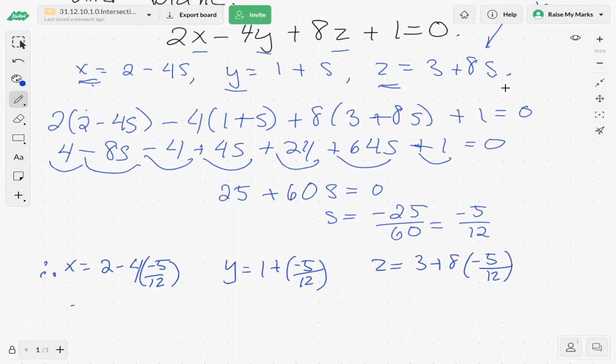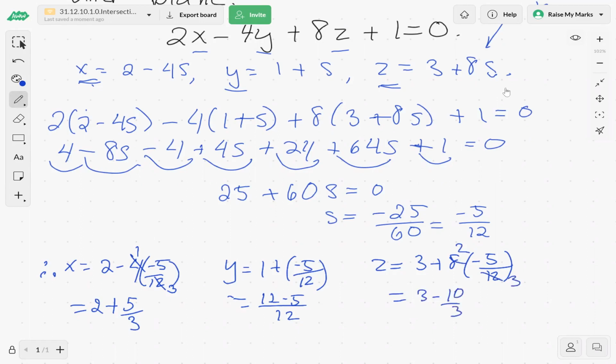All right, let's simplify. x is 2 plus 5 over 3. y, let's put everything over a common denominator. z equals 3 minus 10 over 3.